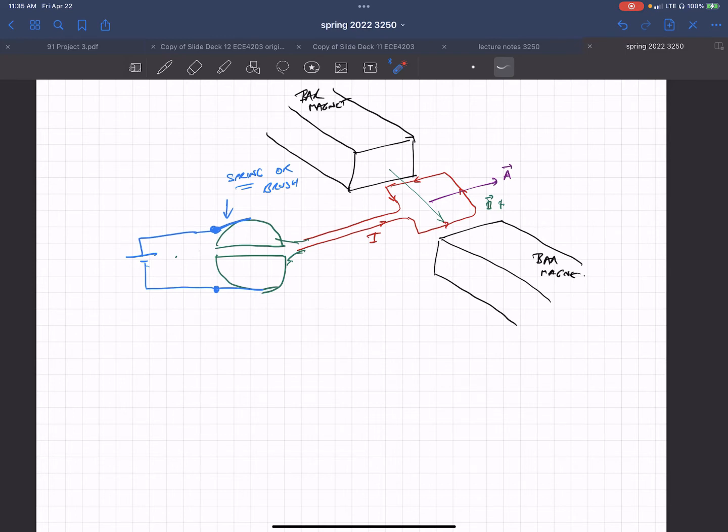In that way, with a DC voltage source, you can get from this magnetic dipole a very useful thing, which is an electric motor.